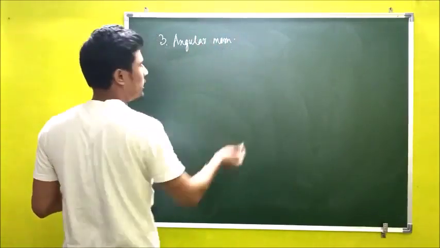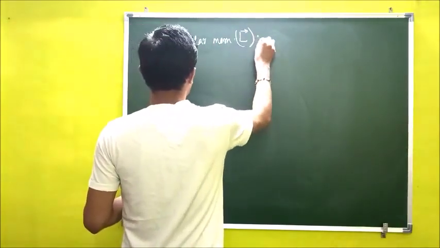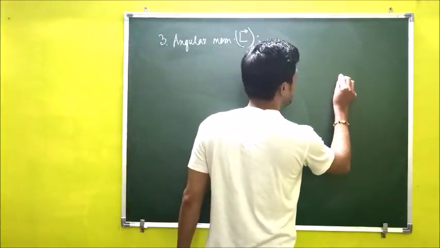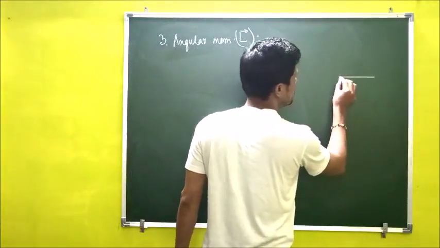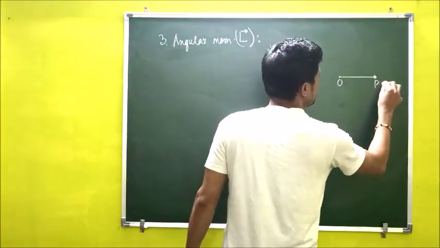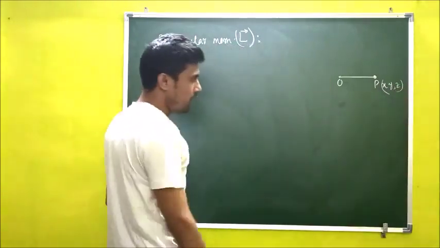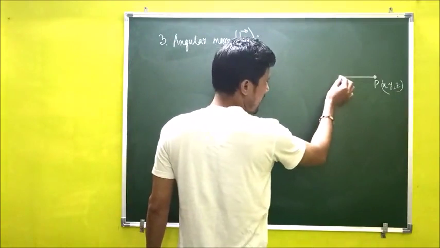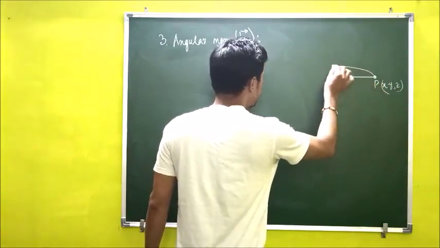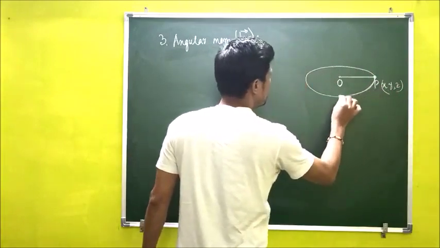It is generally represented by the vector L. Let us consider a particle at point P, with O as the origin, with coordinates x, y and z. Suppose this particle is rotating around the origin along a circle, this way.